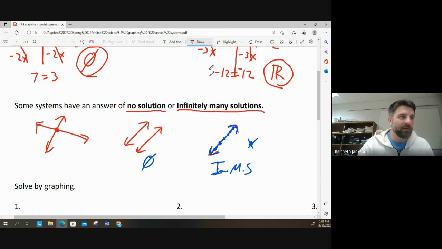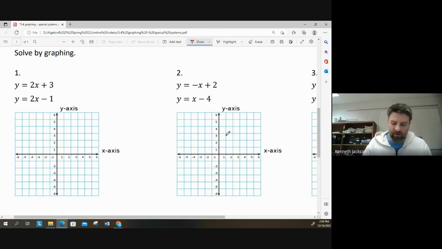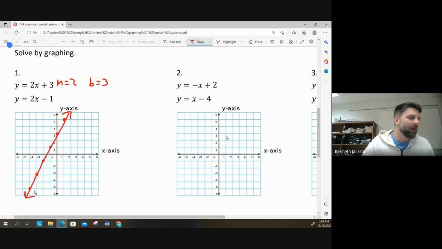So let me walk through a couple of examples, and we'll see what this looked like. Again, in order to graph lines, we use slope-intercept form, y equals mx plus b. So m is 2, b is 3. My first point is up here at 3, the y-intercept, and then I use the slope, up 2 over 1, or down 2 and left 1. And again, I should graph the entire first line so I can find the point where those two lines cross. So that's my top line.